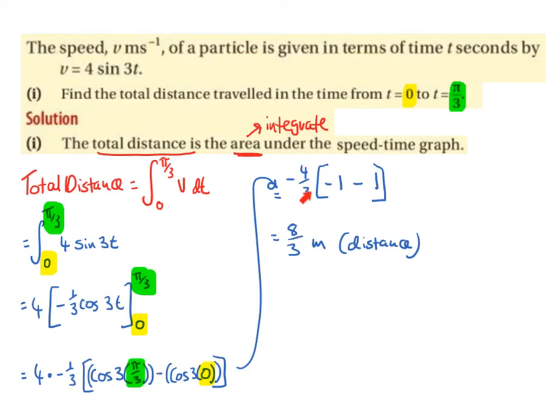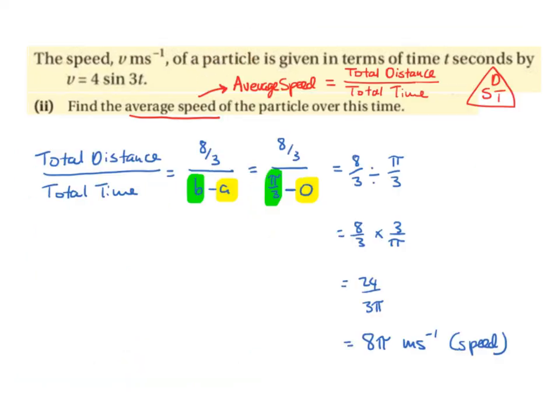And minus 4 over 3 times minus 2 is positive 8 over 3 meters. So this is the total distance travelled in the time from t equals 0 to t equals pi over 3 of the particle. Part 2. Find the average speed of the particle over this time.